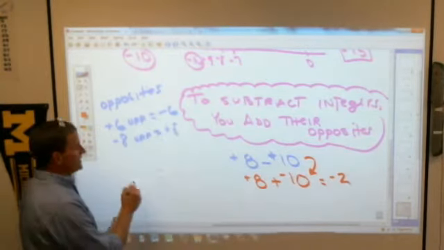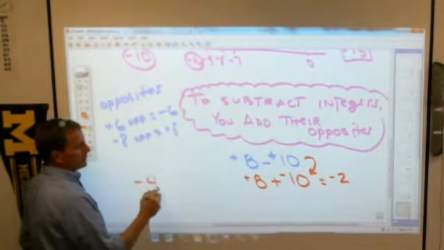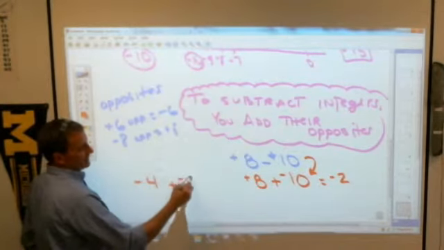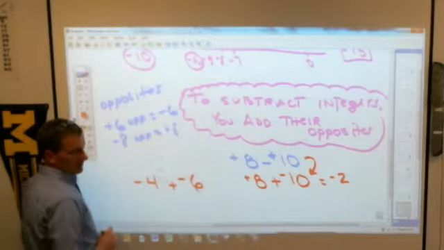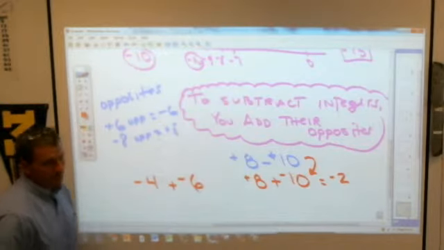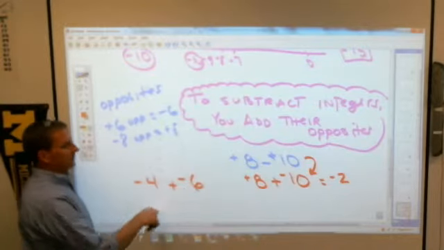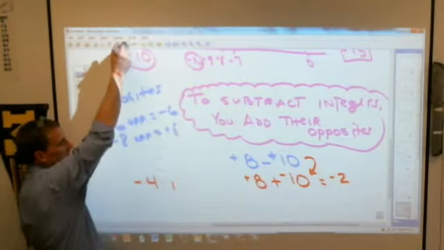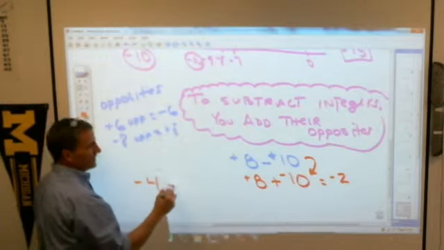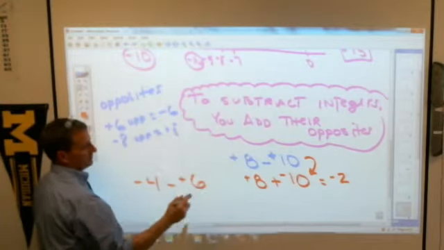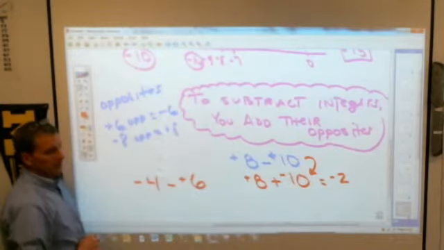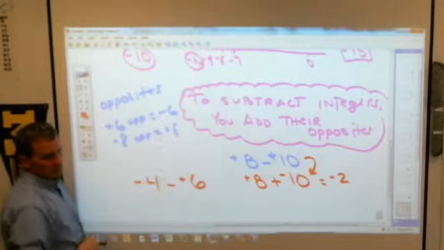How about this? -4 minus a +6. On your paper, just to keep this straight, you are going to want to write the original problem down. Sorry, I wrote it wrong. Let me change that. -4 minus a +6.